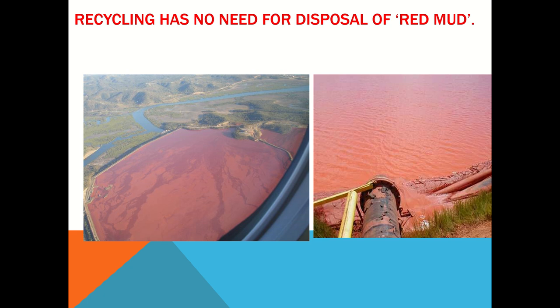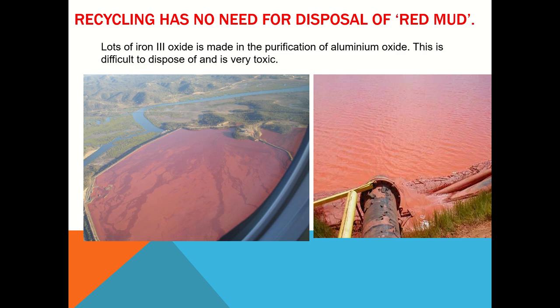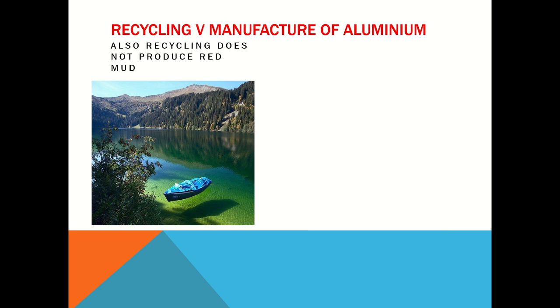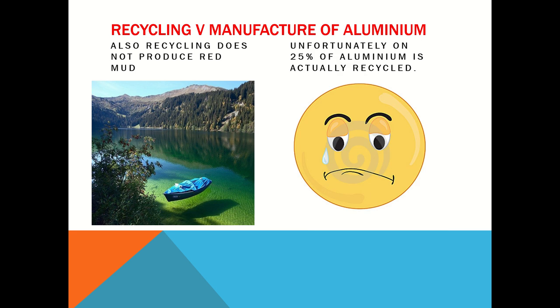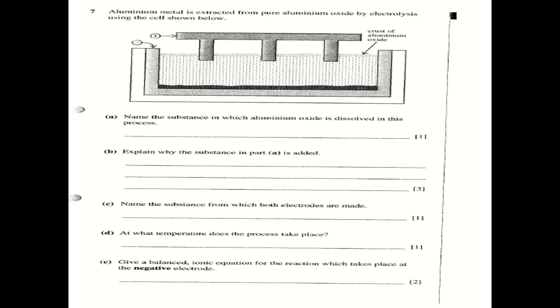Very toxic, very environmentally unpleasant looking solution to a waste problem. But the big problem is recycling of aluminium is only at about 25% at the minute. So despite big pushes to improve the recycling, only 25% of aluminium at the minute is recycled. So if we could get that way up closer to 100%, that would make a huge difference.